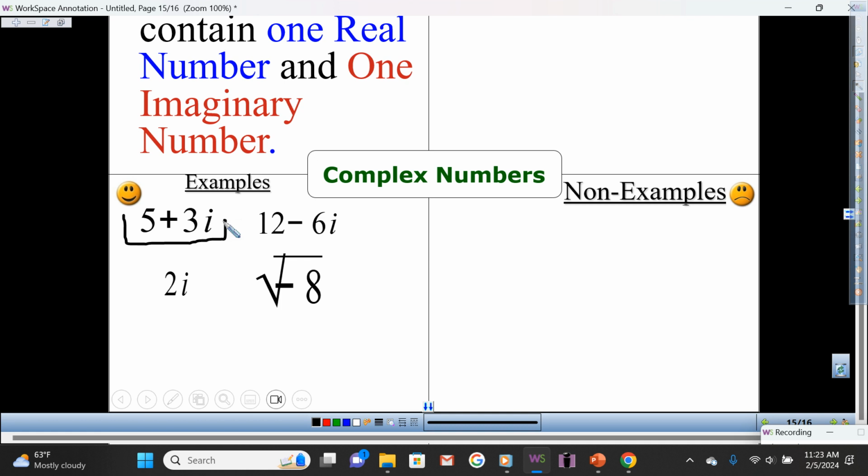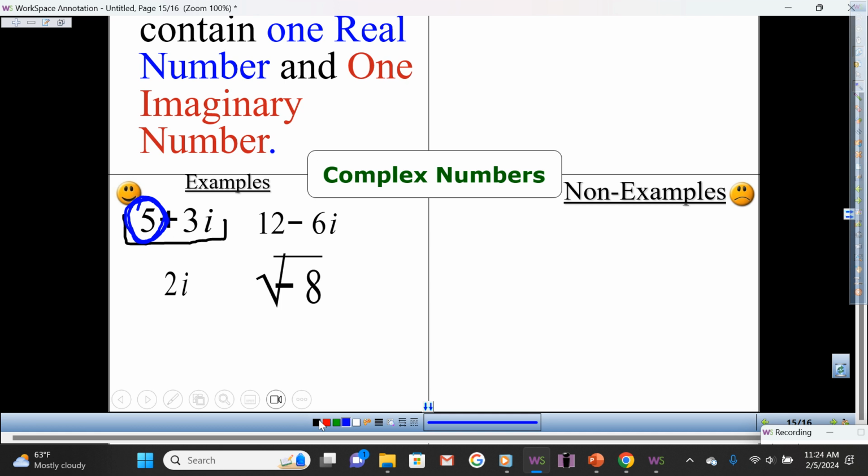There's two parts in that number. Tell your neighbor which one is the imaginary and which one is the real number. All right, Vianney, go. 5 is the real.